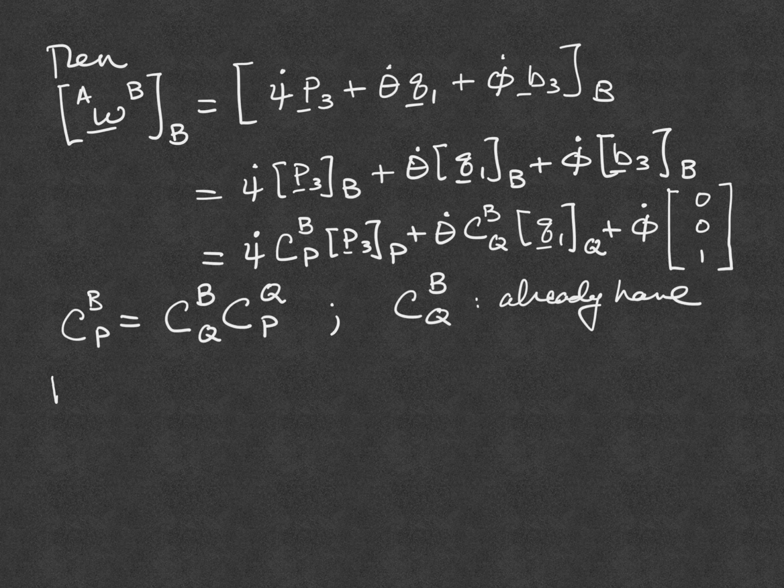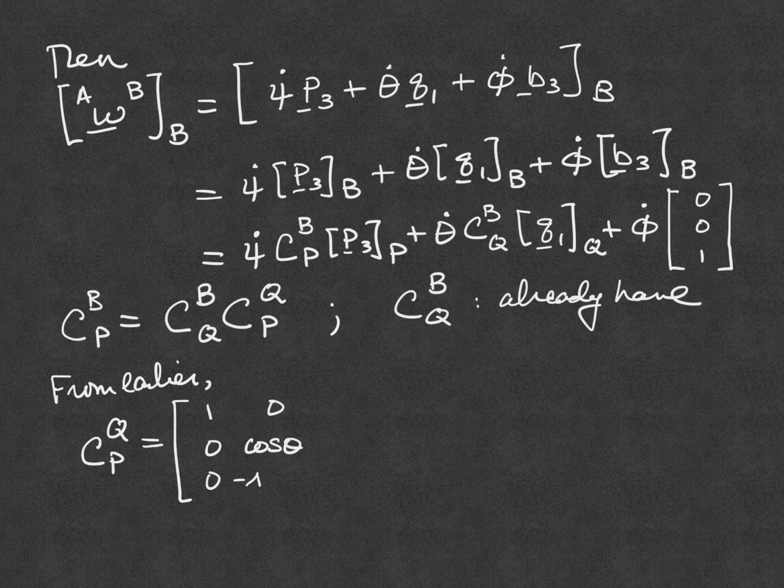So from earlier, the transformation from P to Q was equal to 1, 0, 0, 0, cosine theta, minus the sine of theta, and 0, sine of theta, cosine theta.